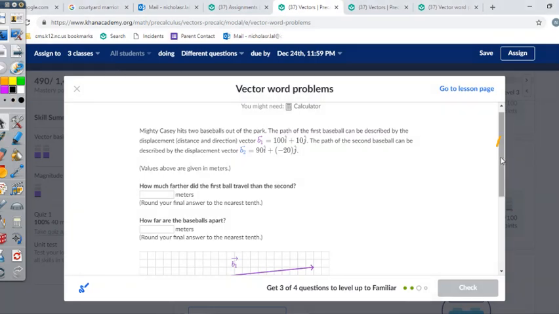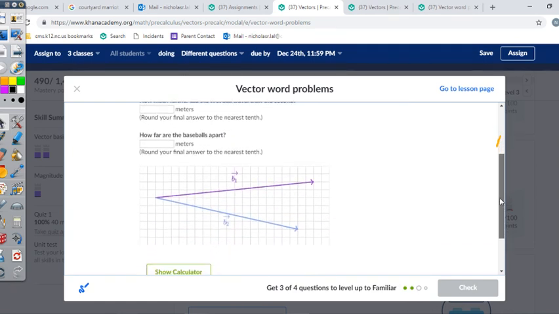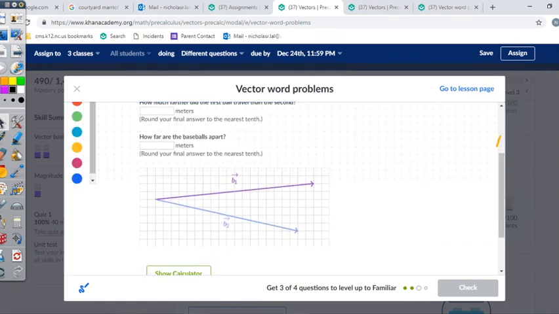Looking at the diagram, the distance is just the magnitude of B1, and how far the second ball is from home plate is going to be that point from B2. So if we find the magnitude of B1 and B2, that's going to give us the distance from home plate right here. Make clear annotations and find the magnitude of B1 and B2.